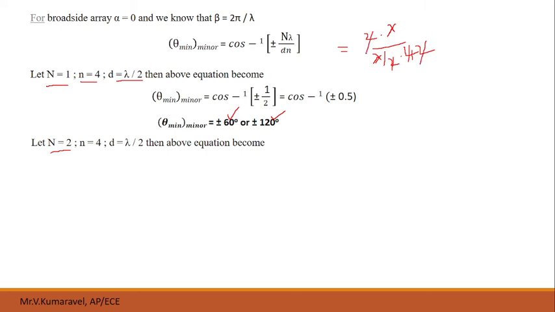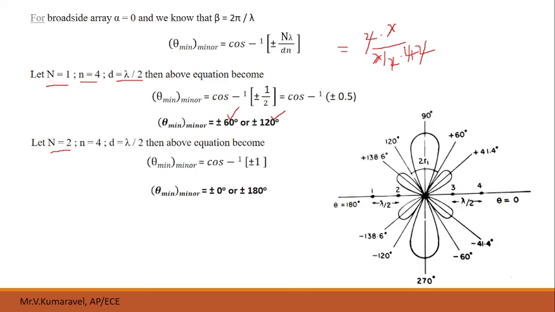We will have simply theta minima of minor lobe equal to cos inverse of plus or minus 1. So cos inverse of plus 1 is 0 degree, and minus 1 is 180 degree. The same we have for minus, so we cannot write minus 0 degree and minus 180 degree.